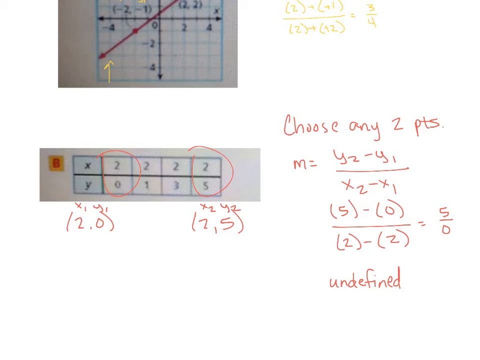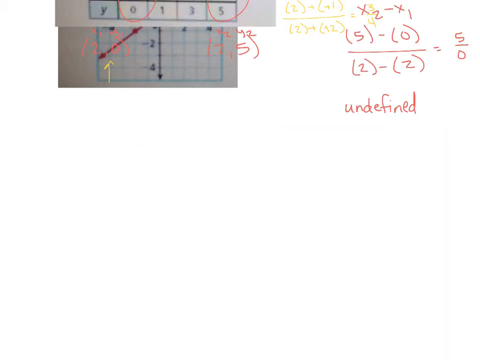So the last thing we're going to talk about is finding the slope of a line from an equation. So we have 6x minus 5y equals 30.